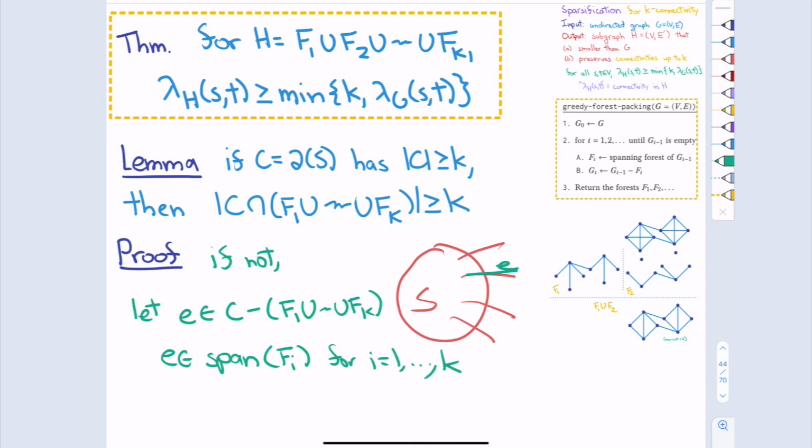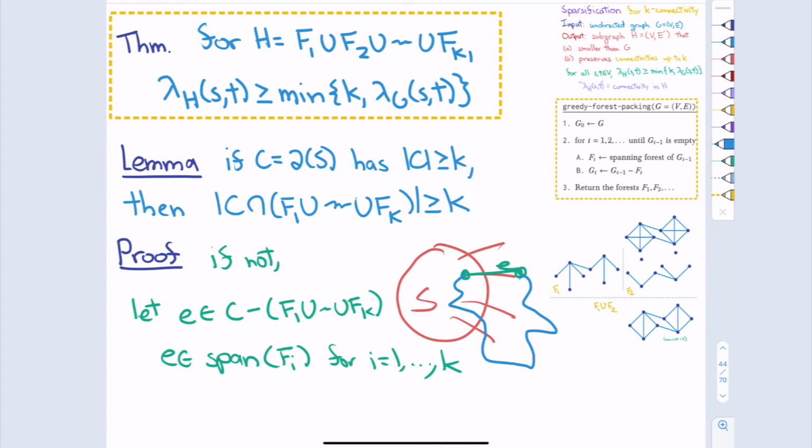That means the endpoints of E are already connected by each of those forests. It's the definition of span. So one forest might look like this, but the point is that it connects the endpoints of E.